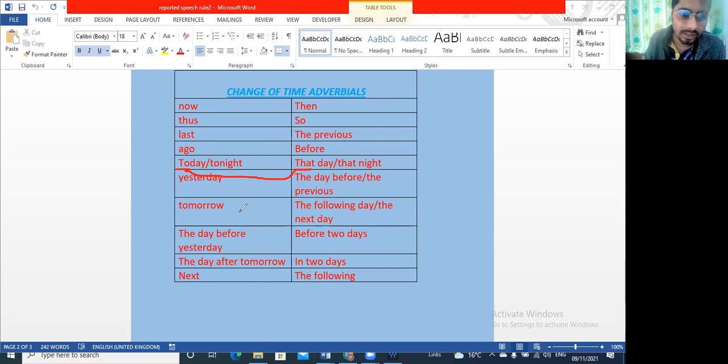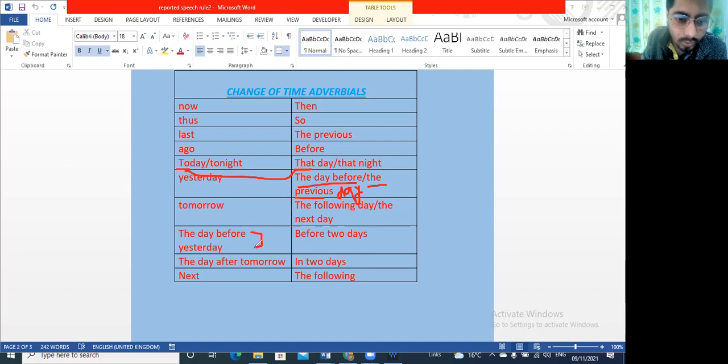Now let's move down. Yesterday changes into the day before or the previous day. Day is missing over here, the previous day. Tomorrow changes into the following day, the next day. The day before yesterday, how many days?